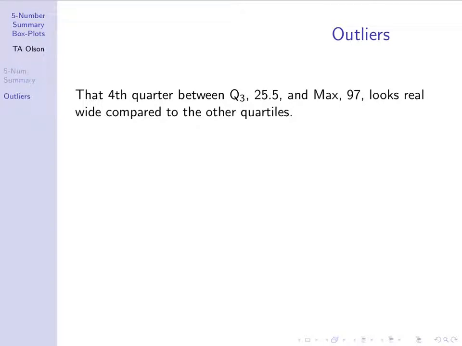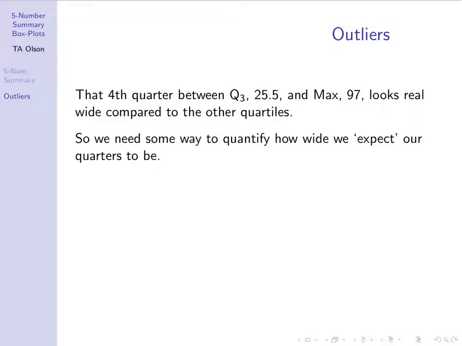All right. Now, if we think about the sizes of these things, there's a large number of numbers between Q3 and the maximum. This 4th quarter looks really wide compared to the other quartiles. So if there's any outliers, it's probably somewhere in here. So we need some systematic way to quantify how wide we expect each of these quarters to be.